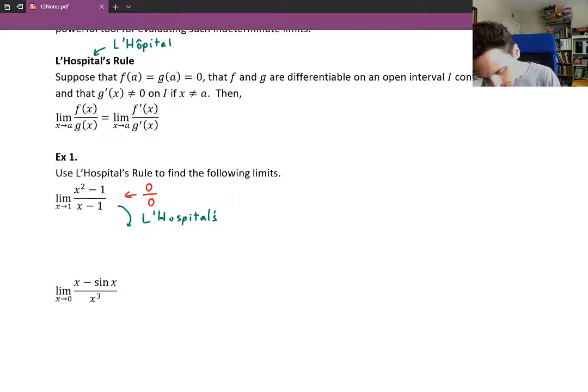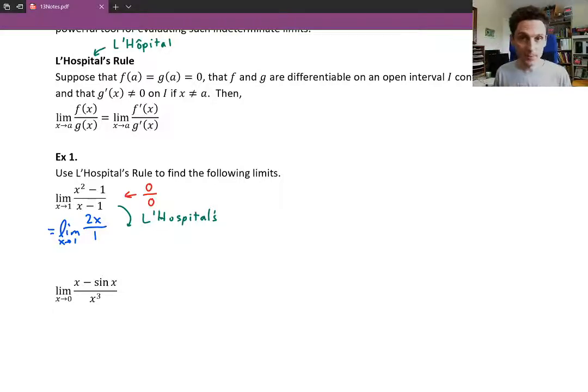Okay, so L'Hopital's rule says that you can take the derivative of the top, which would be 2x, take the derivative of the bottom, which would be 1, and now this new limit of 2x over 1 as x approaches 1 is going to be equal to the old limit.